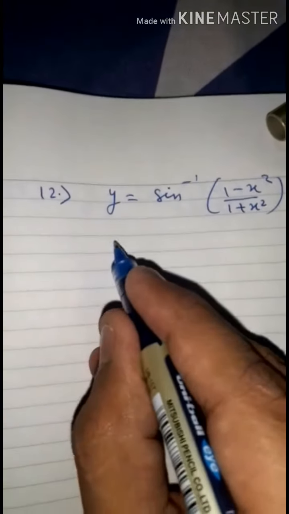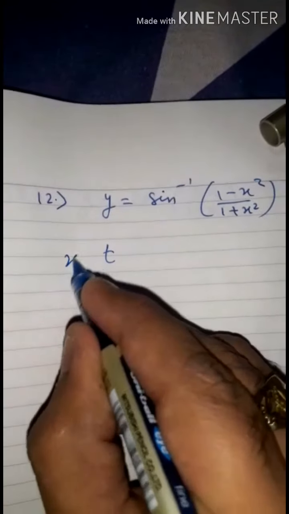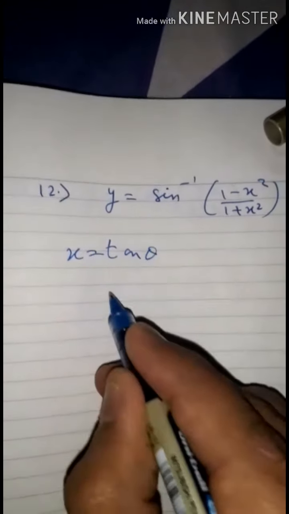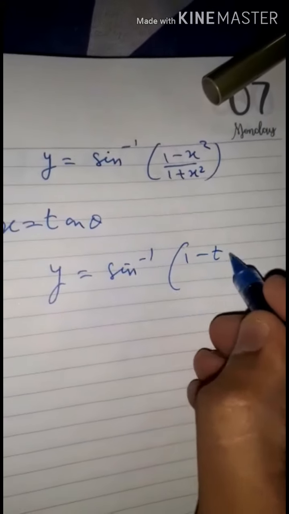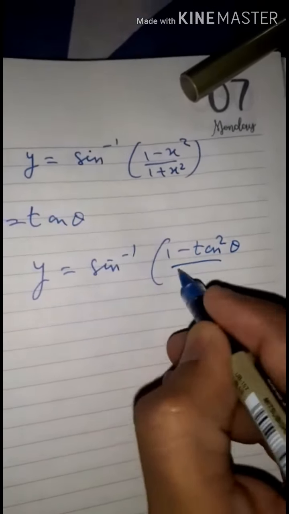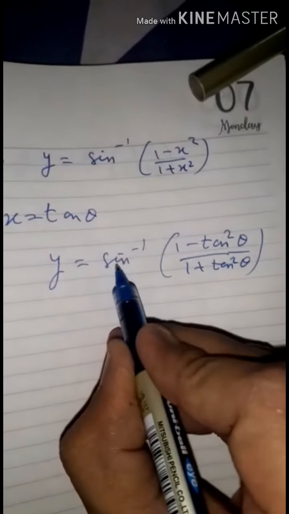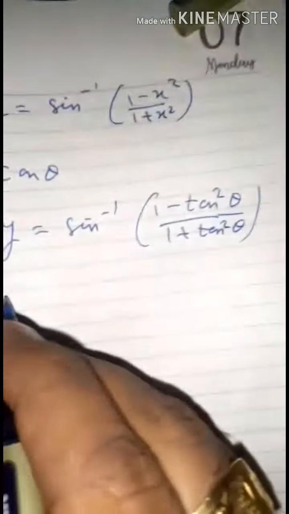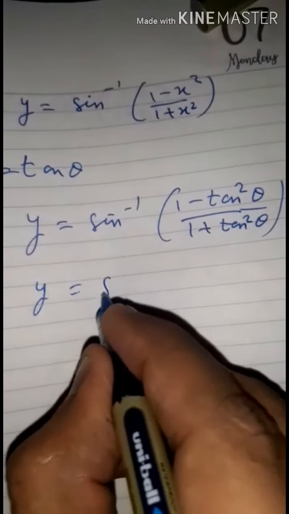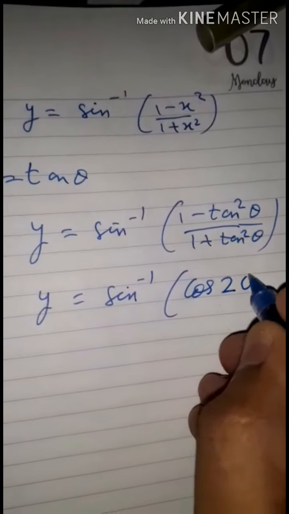Question number 12. Here you will face some problem because here again we will put x is equal to tan theta, y is equal to sin inverse 1 minus tan square theta upon 1 plus tan square theta. But here sin is there, and 1 minus tan square upon 1 plus tan square is equal to cos 2 theta. No problem. We will put y is equal to sin inverse cos 2 theta.